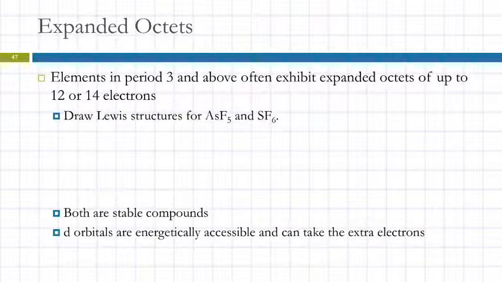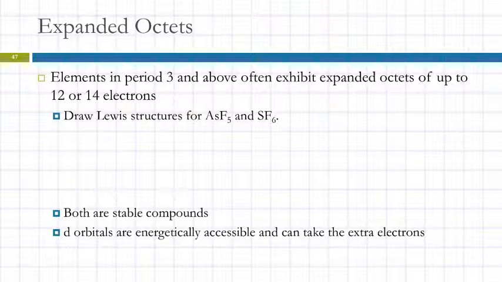We can also violate the octet rule in the opposite way by expanding the octet. And this can occur in elements in period 3 and larger. They can expand their octets up to 12 or even 14 electrons instead of 8. So let's look at these 2 compounds, arsenic pentafluoride and sulfur hexafluoride.